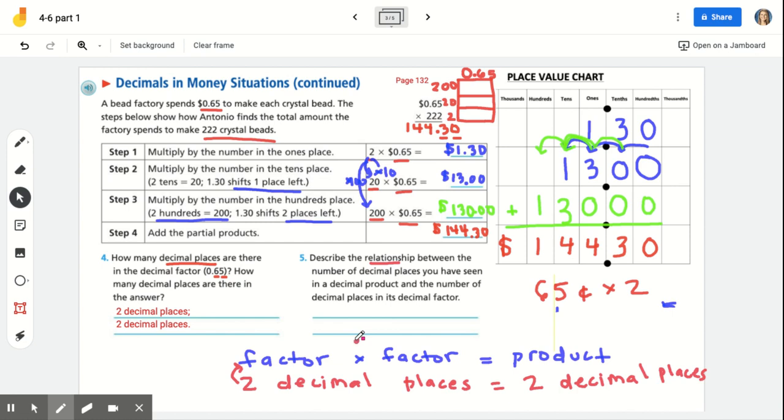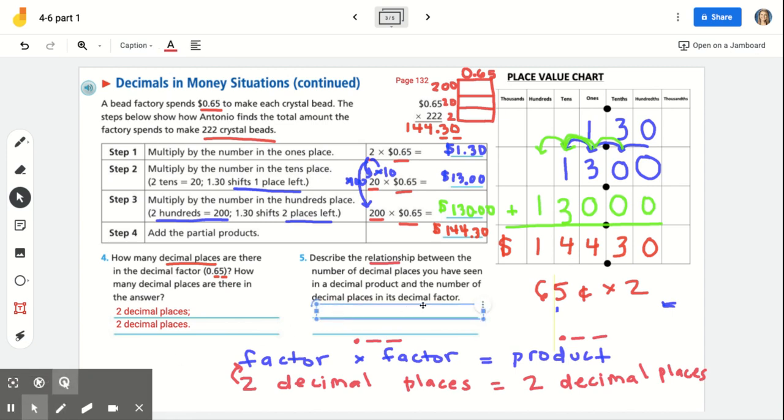So for example, for one of the factors having 2, our product has 2. And we will see as we continue with non-money situations that this is going to hold true. The rule is the number of decimal places in the factors will always be the number of decimal places in our product. So let me put that into word form for you for number 5.